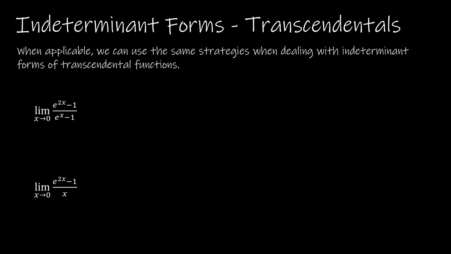So for instance, in my first question, I can see that if I did direct substitution, this clearly would give me 1 minus 1, which is 0 in the denominator, and 1 minus 1, which is 0 in the numerator. So instead, I can use the dividing out technique and say that this is just a difference of squares pattern.